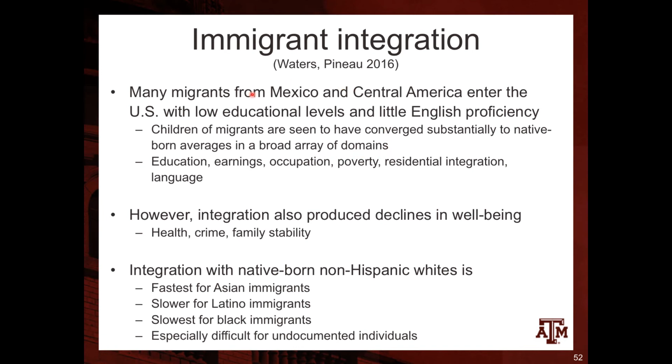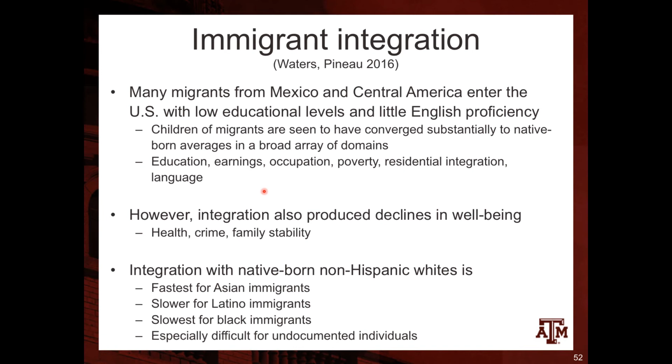So although immigrants from Mexico and Central America have low education levels and little English proficiency, their children, the second generation immigrants, usually improve a lot their education levels and English proficiency, and they tend to have similar levels in these indicators as the US-born population.